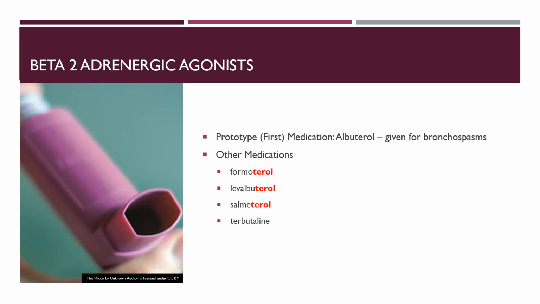Rescue, yes, because bronchospasms are something that can happen just out of nowhere. So usually your albuterol is given for rescue. And most of these will end in terol, like we've got salmeterol, levalbuterol, all these different types of terols.